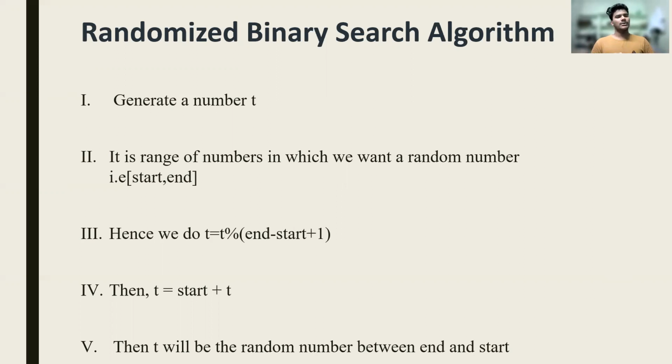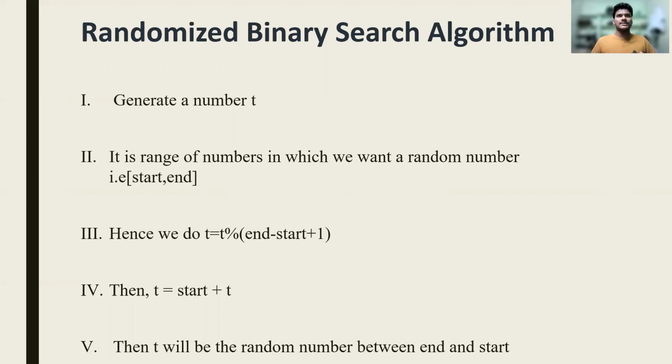So t is equal to t modulus (end minus start plus 1). Then t will be start plus t. So it must include the value of start, and we increment t with start. Then t will be a random number between start and end.